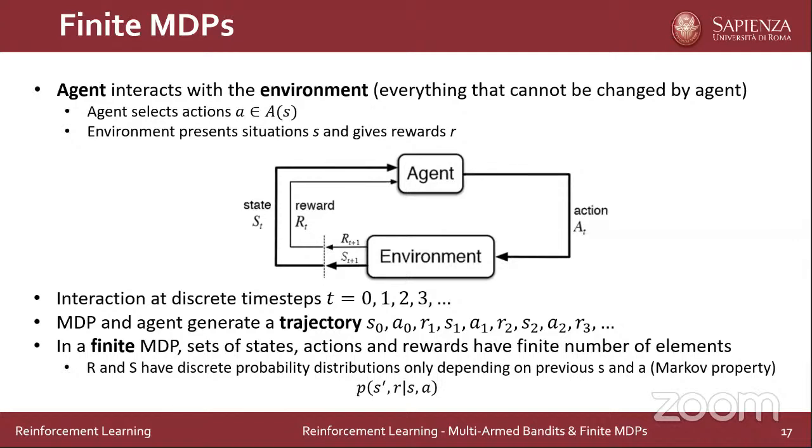So S0, A0, R1, S1 is for us one transition. Then the next transition will be S1, A1, R2, S2. So as you see, S1 belongs both to the first and to the second transition.